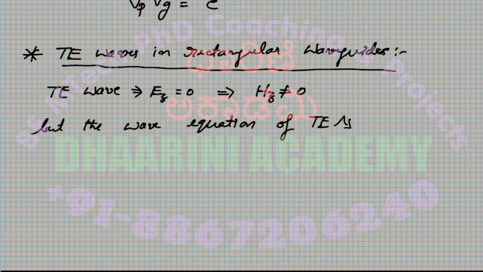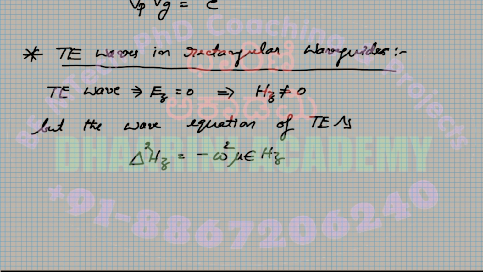How do you write that? This is nothing but, already we have seen, del square Hz is equal to minus omega square mu into epsilon into Hz. Okay, it's called the Helmholtz equation.